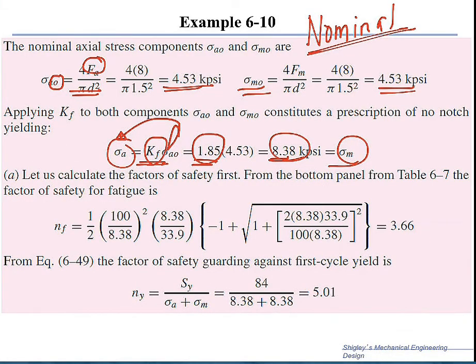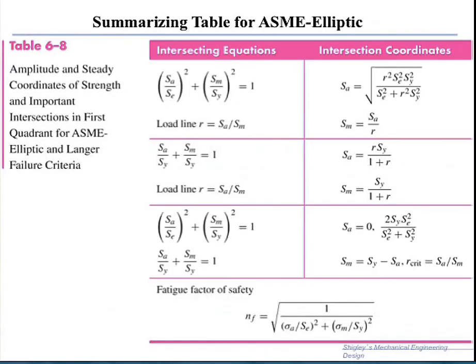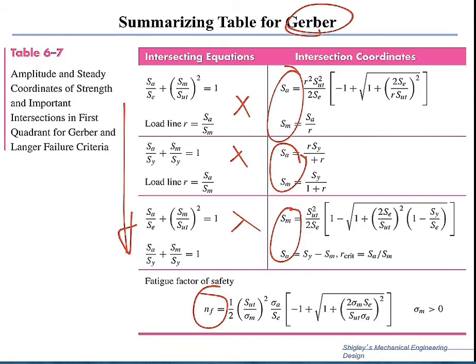So having done that, if you look at the problem, we want to find the factor of safety for Gerber and for ASME. So the factor of safety, we go back to the equations for Gerber. This is the factor of safety for Gerber right here.